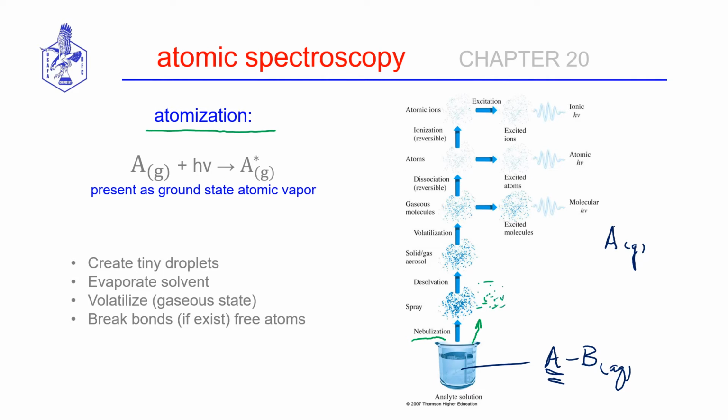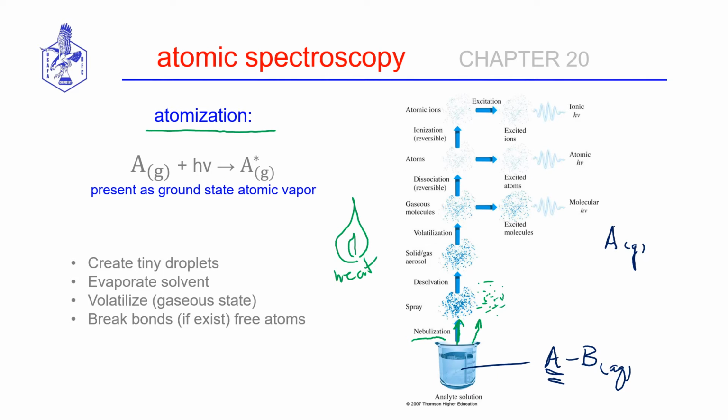So we aspirate the sample up into a capillary tube, and then we get it into little tiny droplets. So if I'm going into a flame which has heat or some other source of heat, our electrothermal methods are going to use electrical heat, and our plasma methods are going to use a torch. We'll talk more about that later. But for our flame methods, we use a flame.